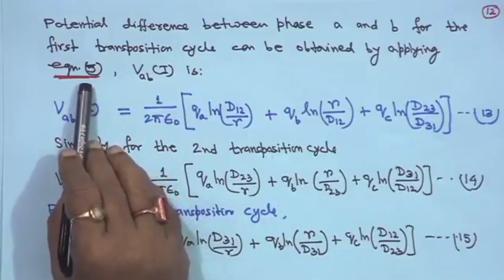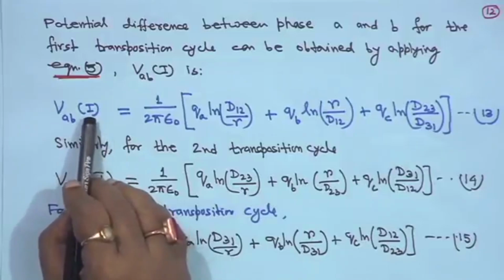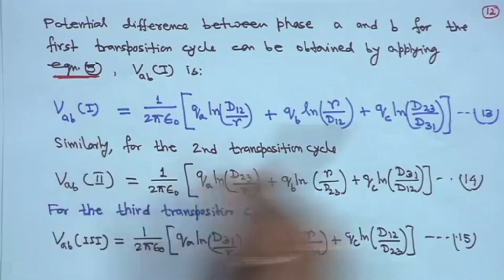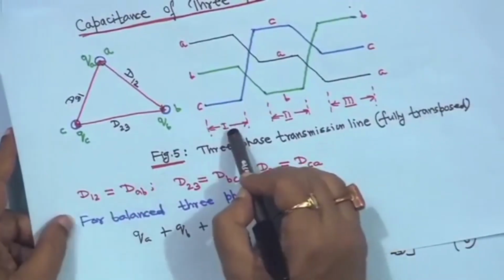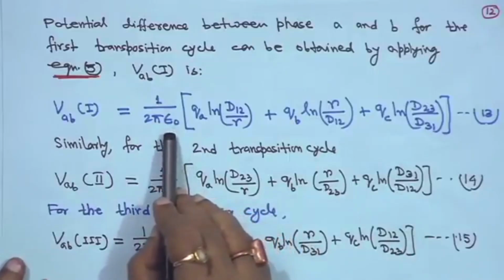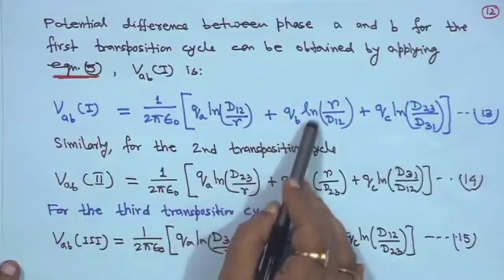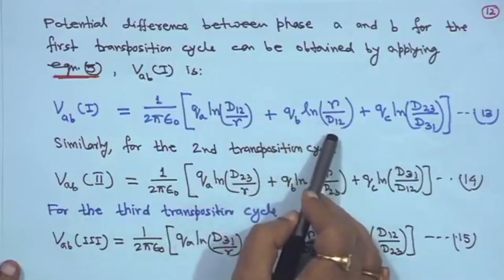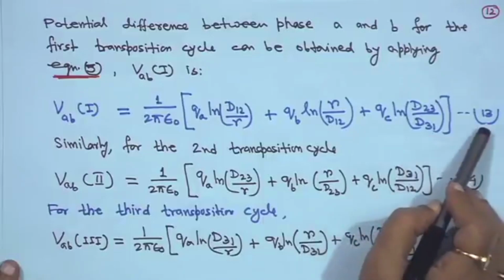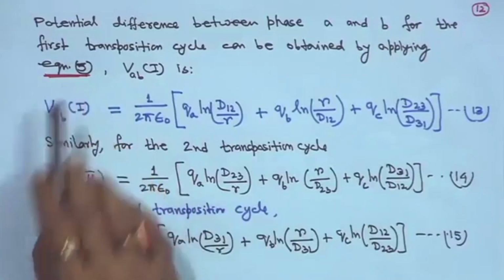Therefore, VAB with I in brackets, which does not mean current but section 1, is equal to 1 upon 2 pi epsilon 0 times QA ln D12 by R plus QB ln R by D12 plus QC ln D23 upon D31. This is equation 13, the same generalized equation 5 that we are applying.